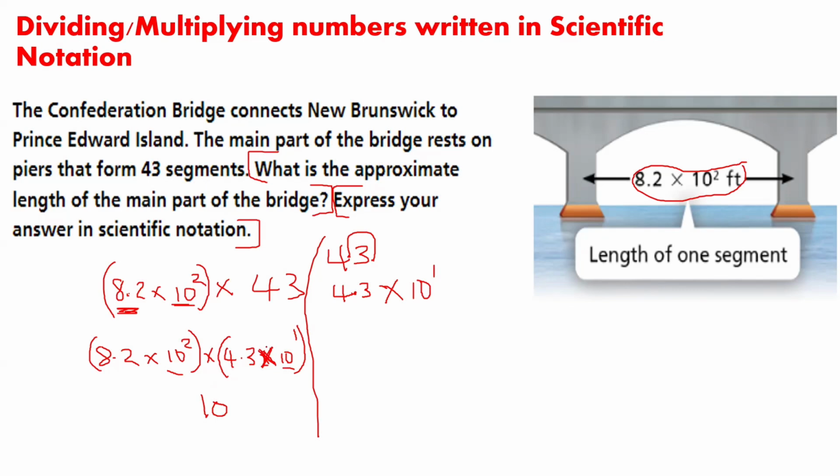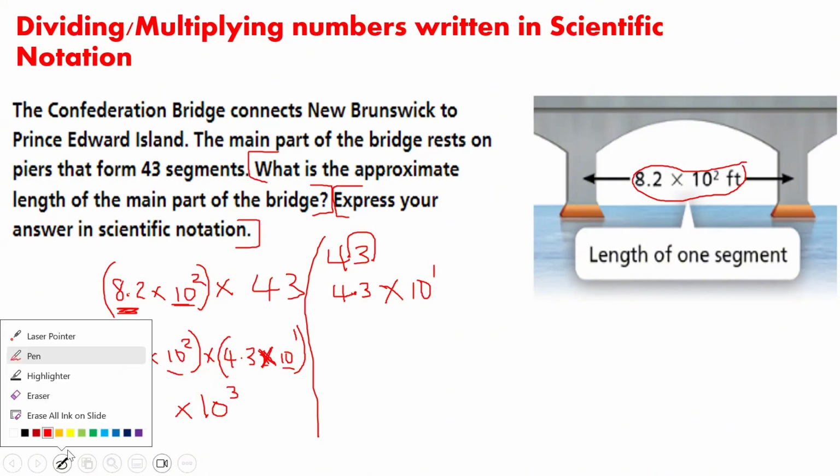So if I add 2 plus 1, my exponent is going to be 3. So I apply the law of exponents, which is the product rule, to the powers of 10 here. Now, I am going to multiply these two factors.